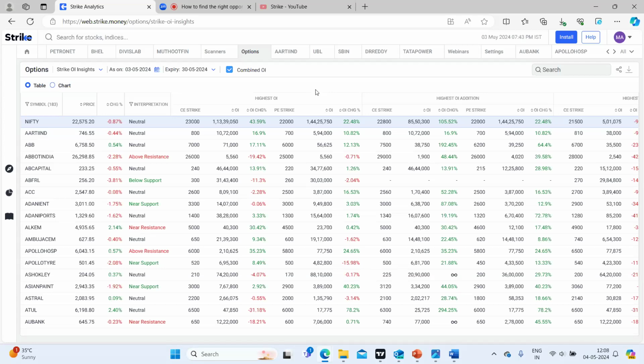Got it. So this indicates essentially the volume change or the trades that happened? No, no. The volume will be different from the OI change.